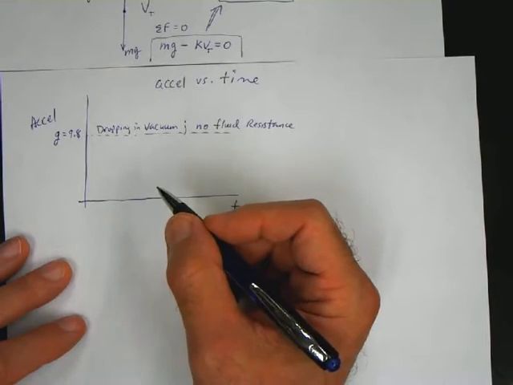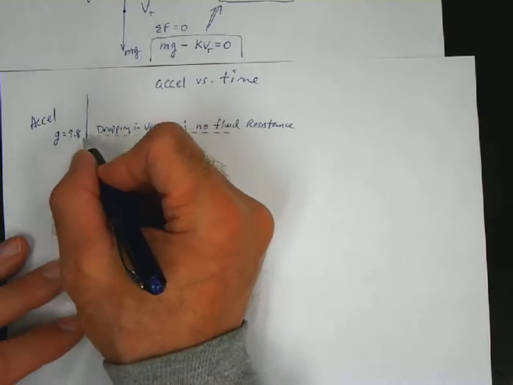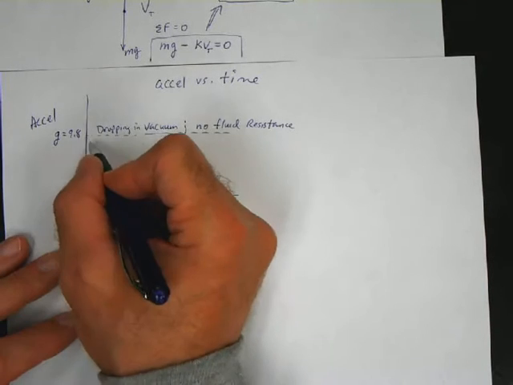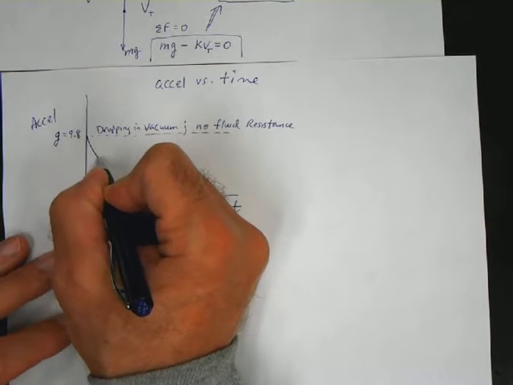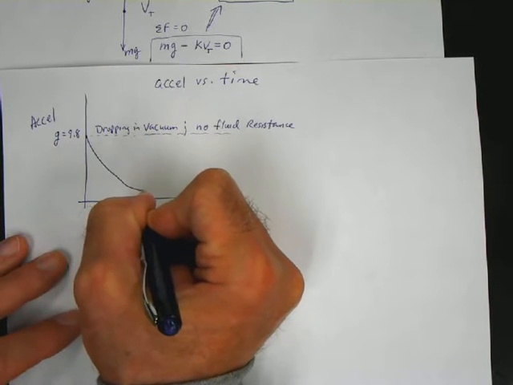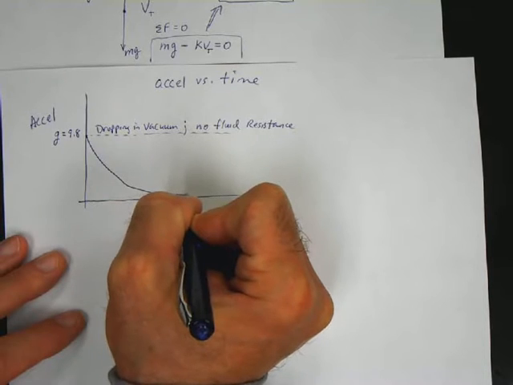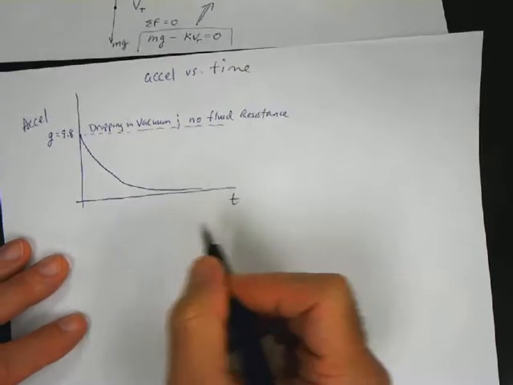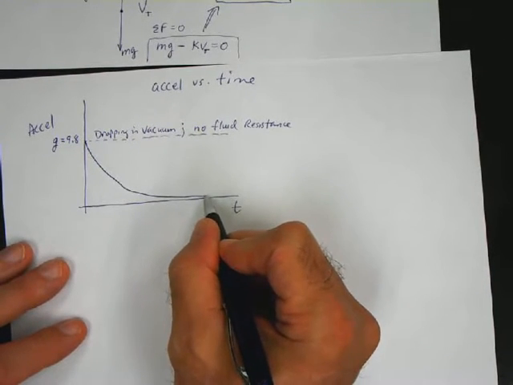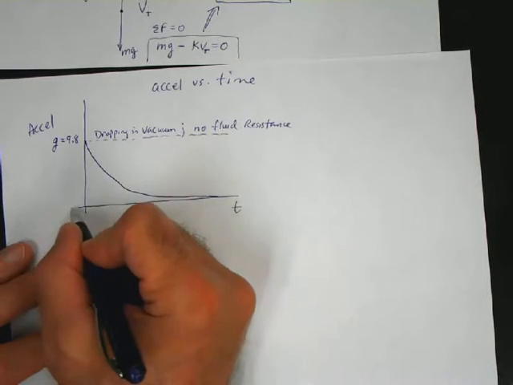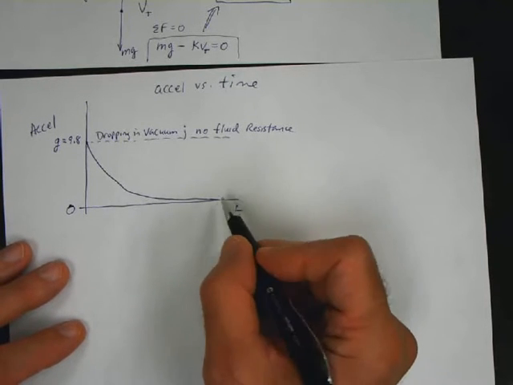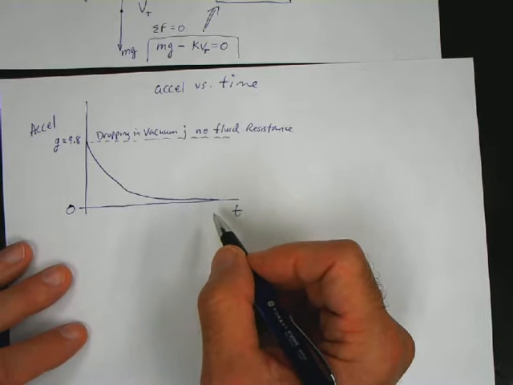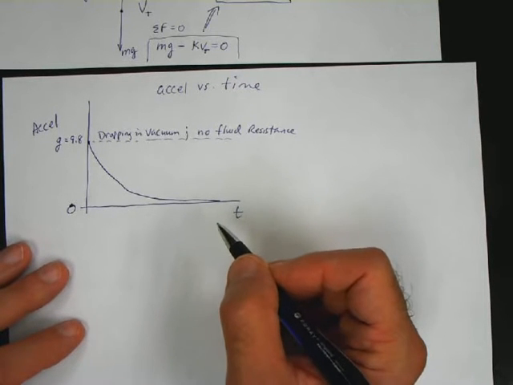If there is fluid resistance, then the acceleration is big at first, close to 9.8, but then it drops off fairly rapidly with time until there's no acceleration at all. Zero acceleration. Once it reaches zero acceleration, that would mean that it's reached terminal velocity.